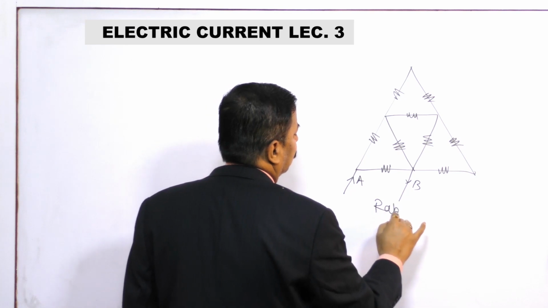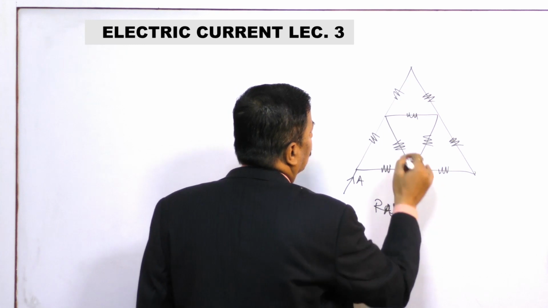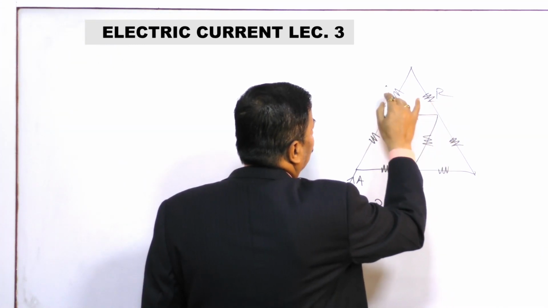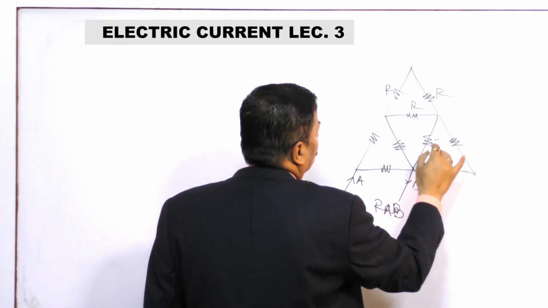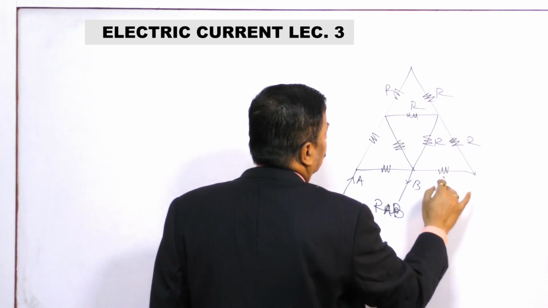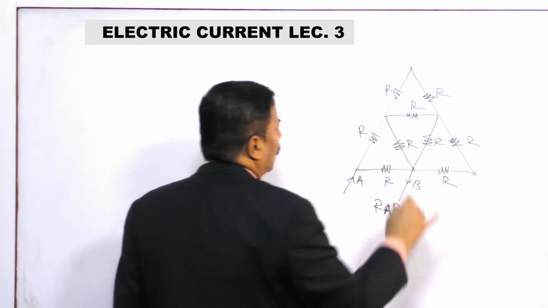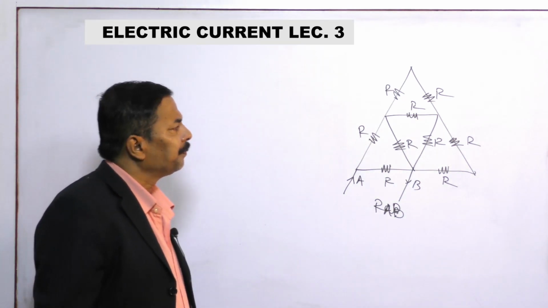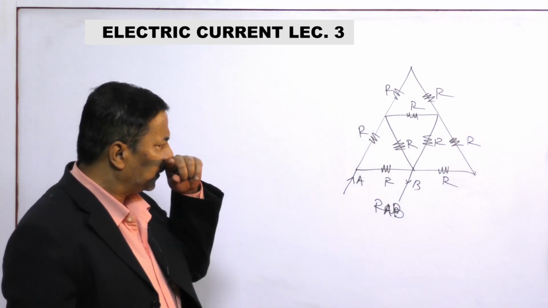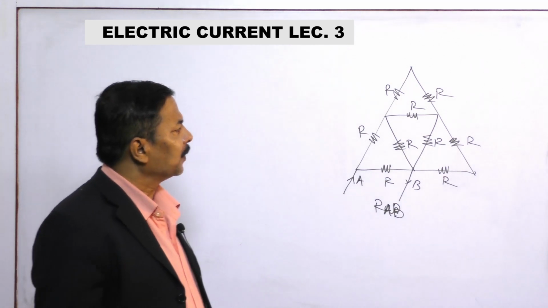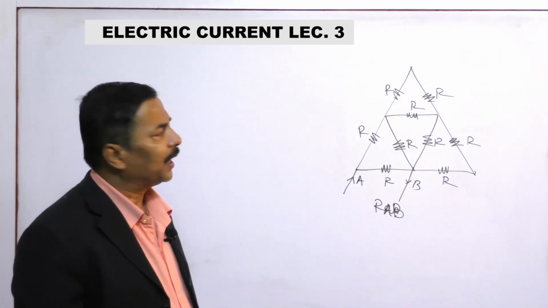All resistances are R. Suppose this is the question and we have to solve it. We have to find the equivalent resistance R_AB between A and B.